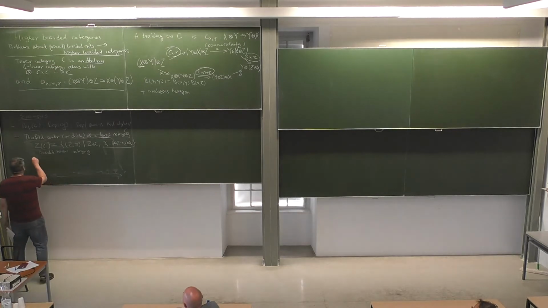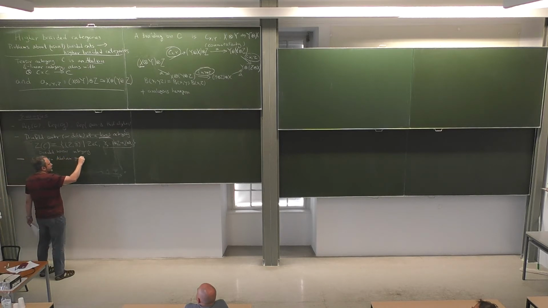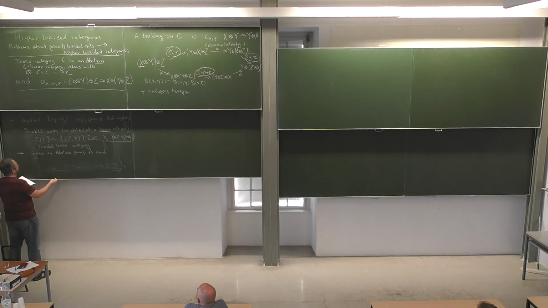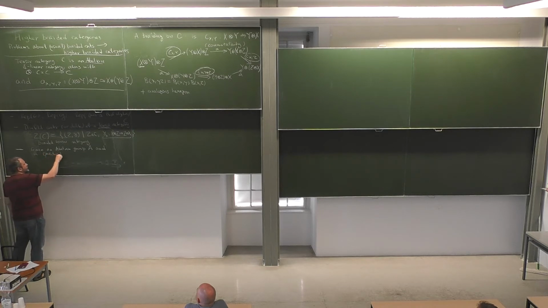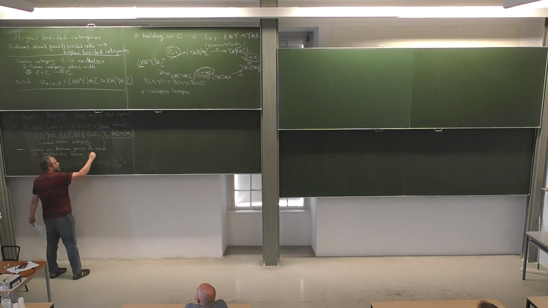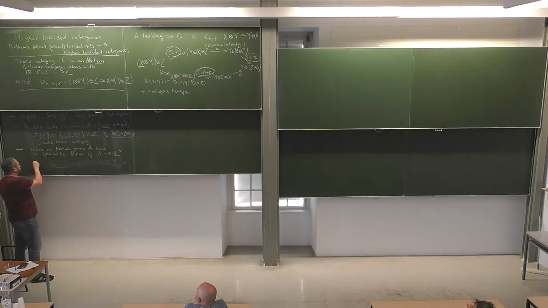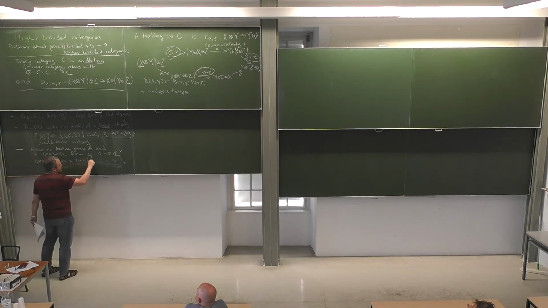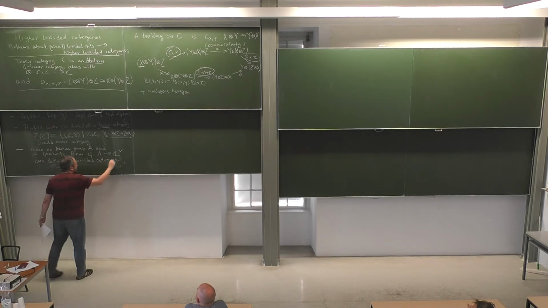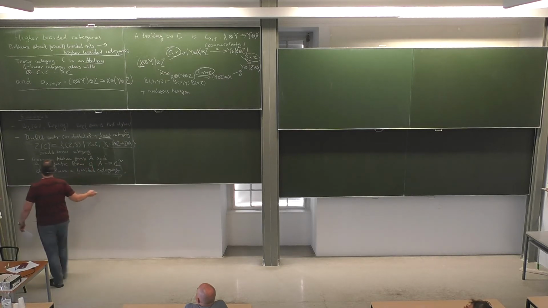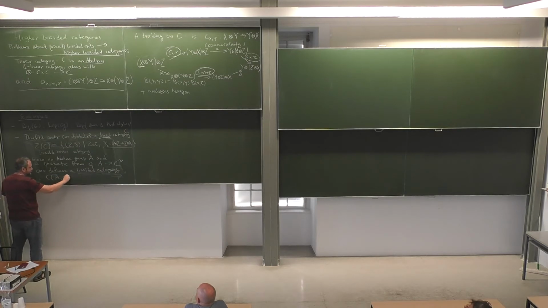Given an abelian group A and a quadratic form Q on A with values in the multiplicative group of the field, one defines a braided category, which I'll call C(A,Q).